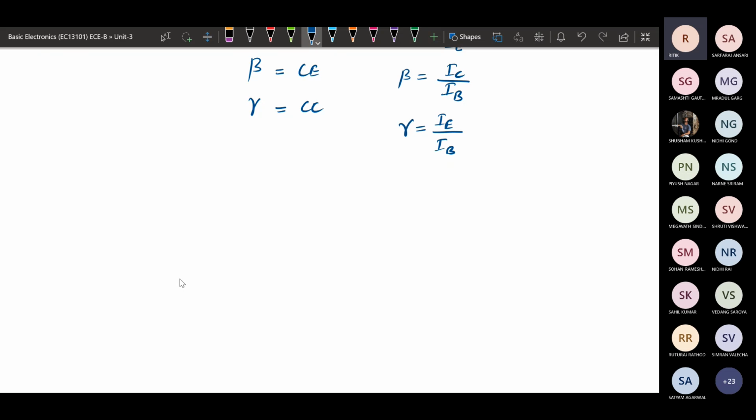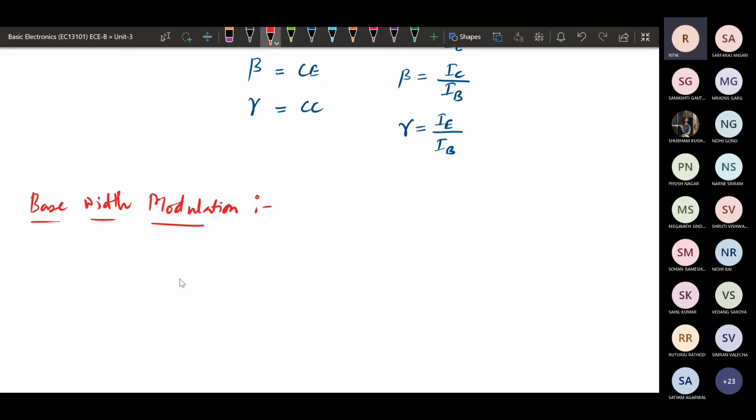So first of all we will go with the base width modulation. Just like channel length modulation in case of MOSFETs, BJTs suffer from base width modulation. So what is base width modulation?